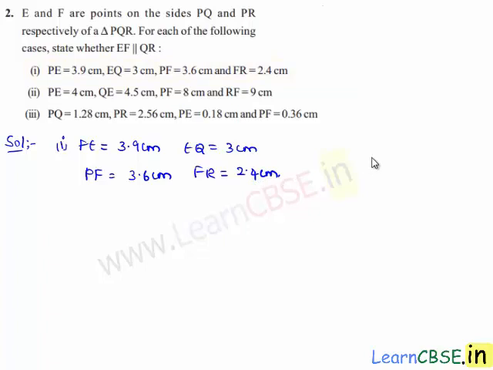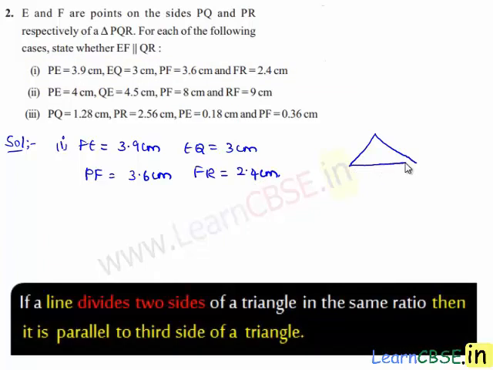Now according to the data, PQR is a triangle, and E and F are points on sides PQ and PR respectively. State whether EF is parallel to QR or not.